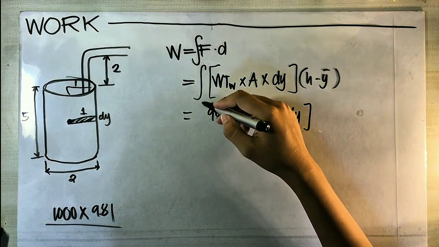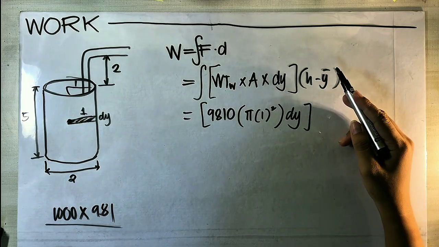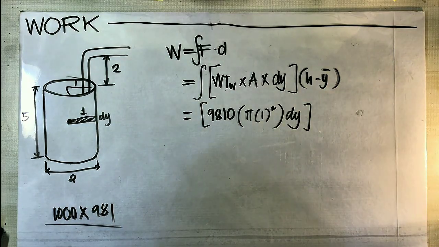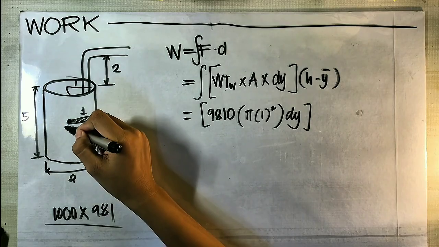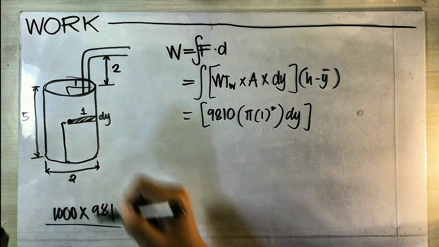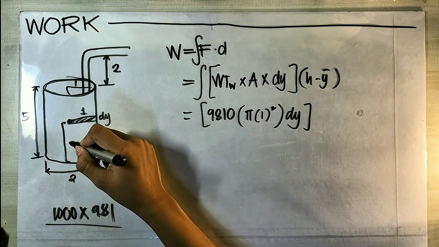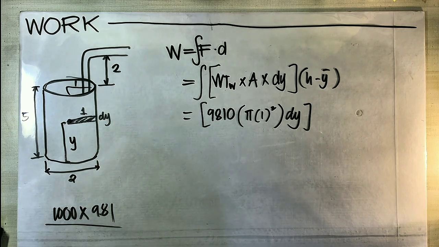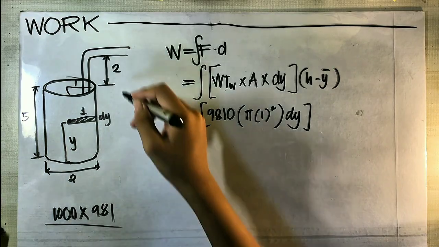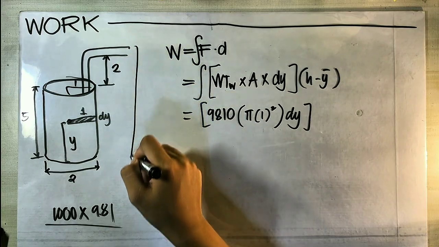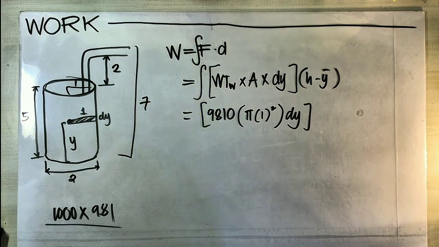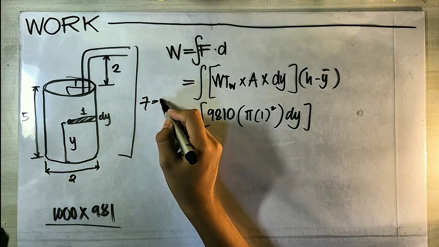This is our force. And then for our distance, what is this distance? This is y, right? Because it's vertical. And if we add this height, this is equal to 7, right? So let's call this y bar.